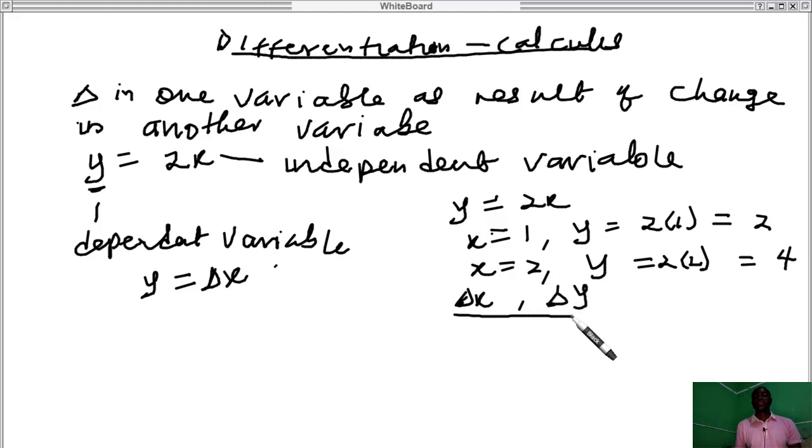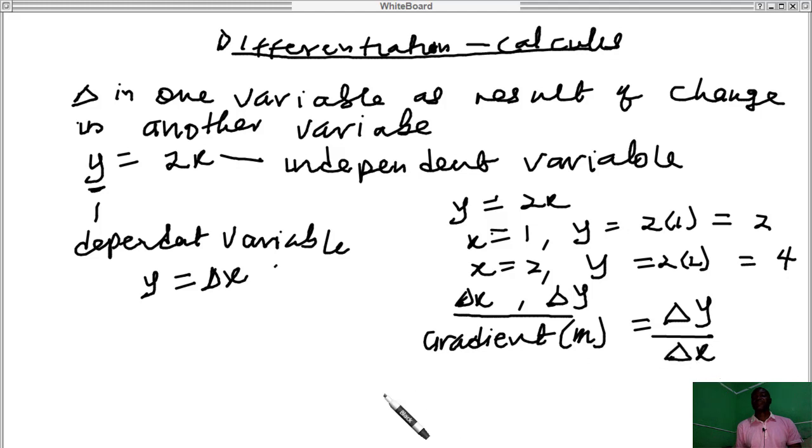So this change refers to the slope. When you have gradients in algebra or elementary maths, it is given by change in y over a corresponding change in x. So that is the change in y as a result of a change in x.